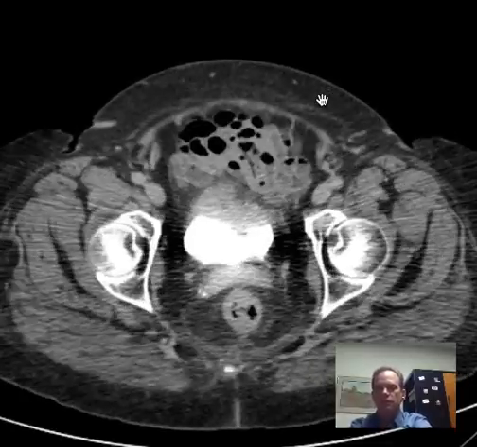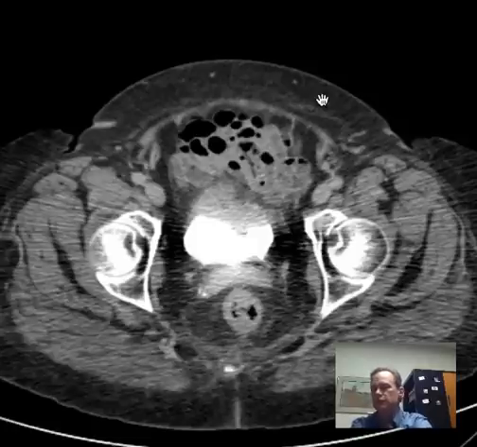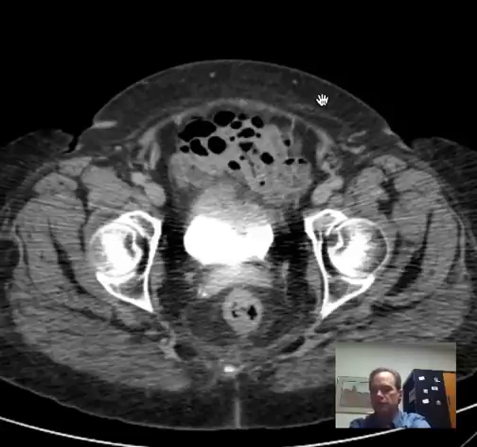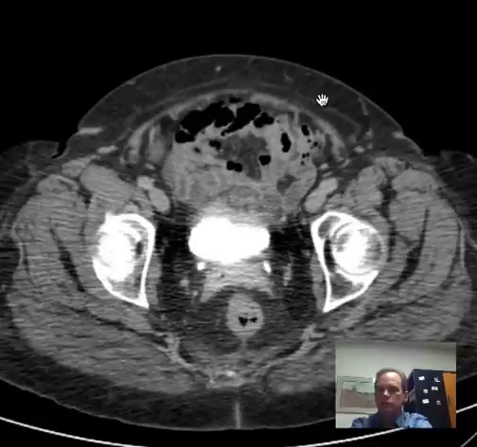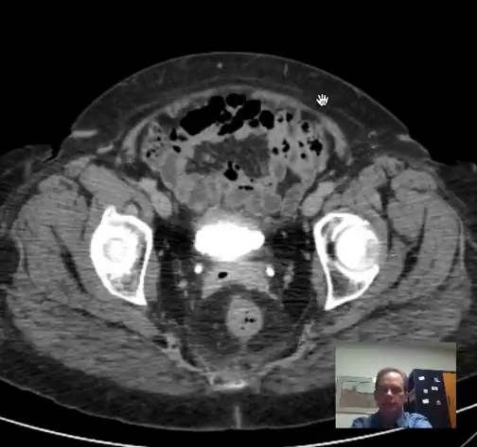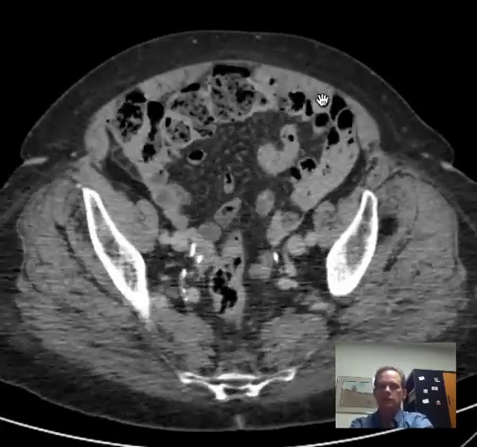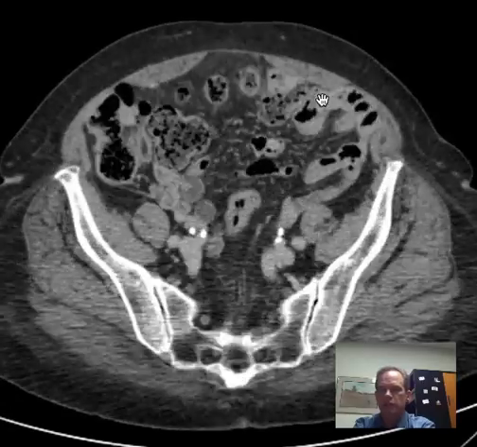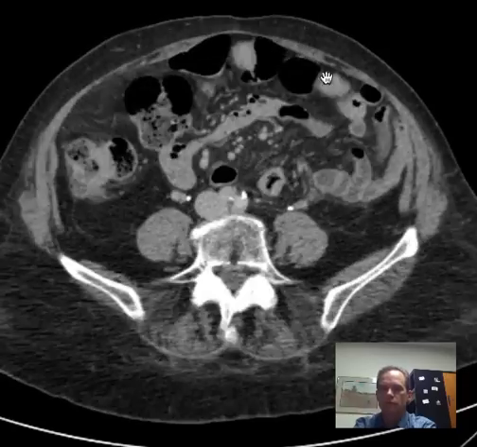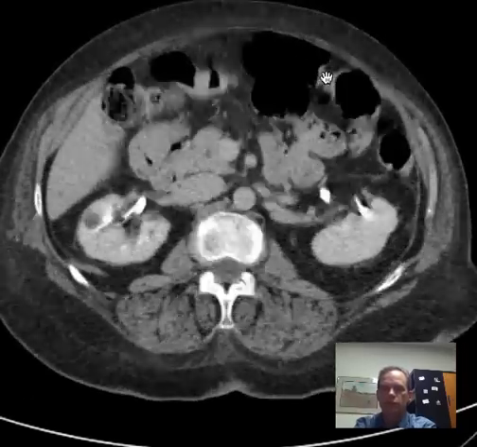It's important to develop a systematic approach to viewing any of these CTs, especially CT abdomen and pelvis and CT thorax, body imaging, because you'll get distracted by a finding that looks very interesting or you're not sure what it is, and you can overlook something that didn't initially catch your eye that can be very important. So very important to have a systematic approach.